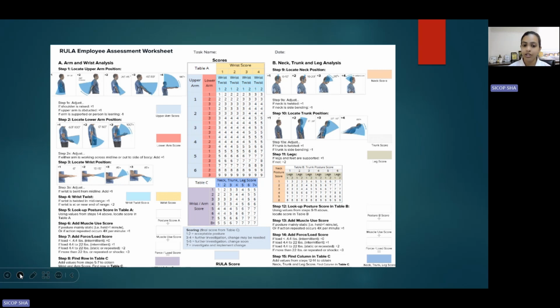The final scoring is between 1 to 7. 1 to 2 is acceptable posture, 3 to 4 is further investigation and change may be needed, 5 to 6 is further investigation and change soon, and 7 is investigate and implement change. So then we get the final RULA score.